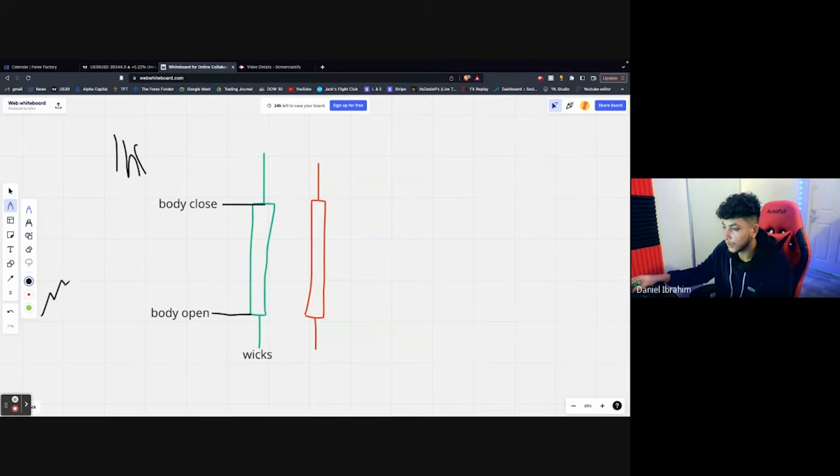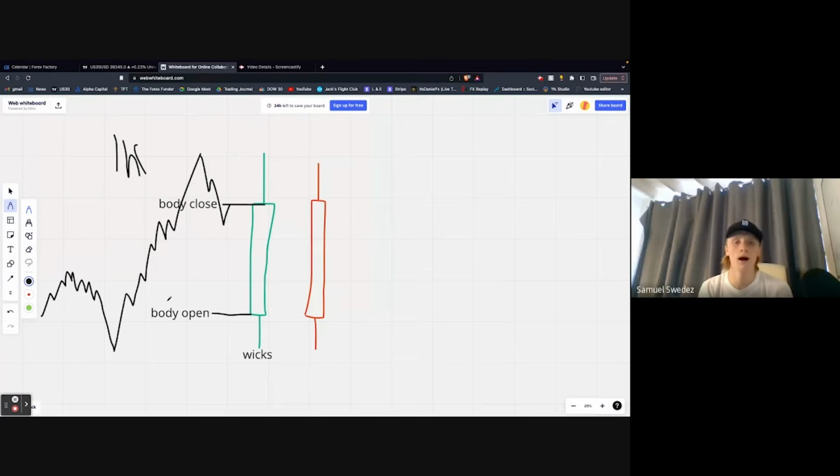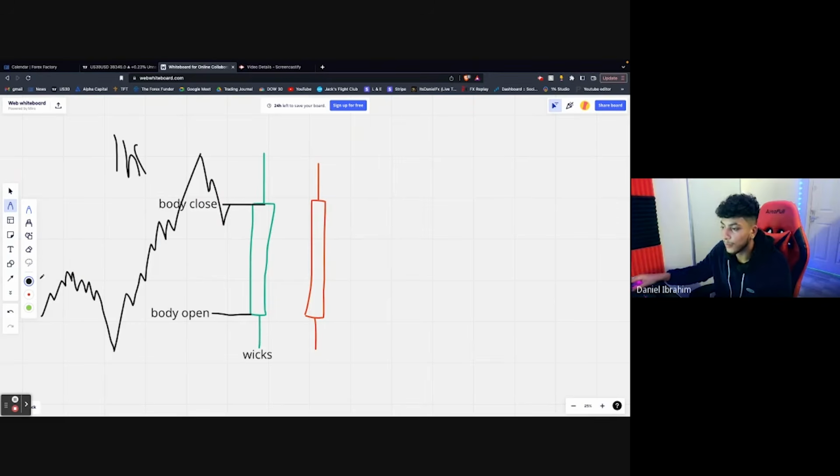Throughout this period we created some market structure. At some point we came the whole way down, which created this bottom wick. Then we came the whole way up, which created that top wick. But ultimately we closed here. If you zoom in a little bit, you now get a wider picture and more details into what actually happened within that candle.